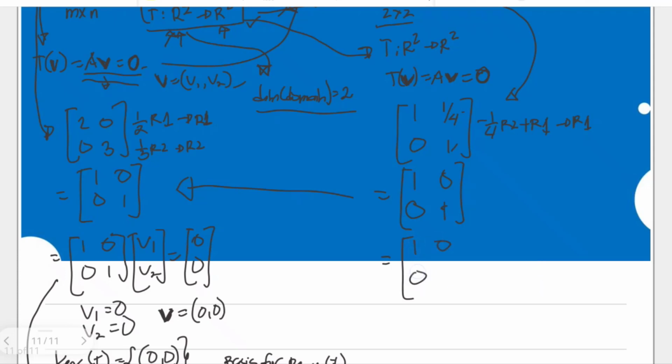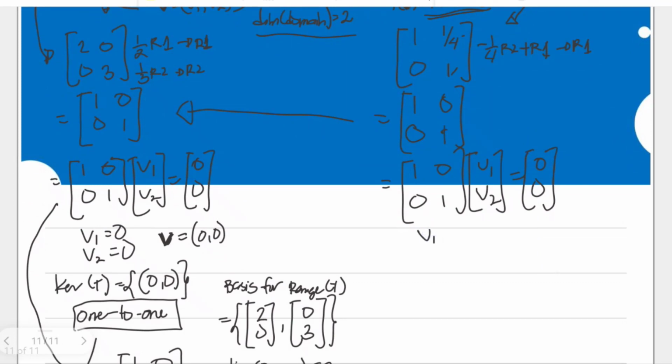So we're going to satisfy this form, multiply with our vector in R2 and equate to the 0 vector in R2 as well. We can say that v sub 1 is 0, v sub 2 is 0 as well. Hence, the vector comprises the 0 vector in R2. And with this, the kernel of T is a set containing 0 and 0.